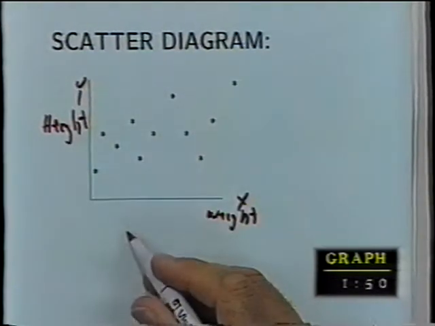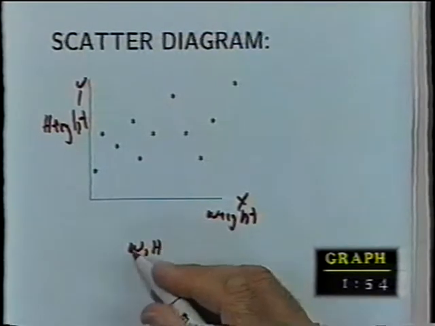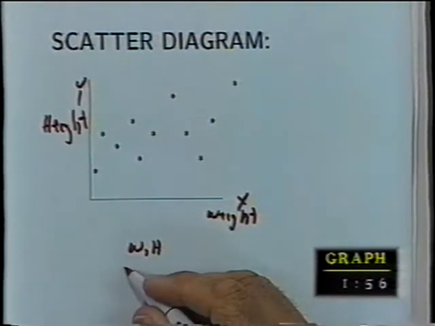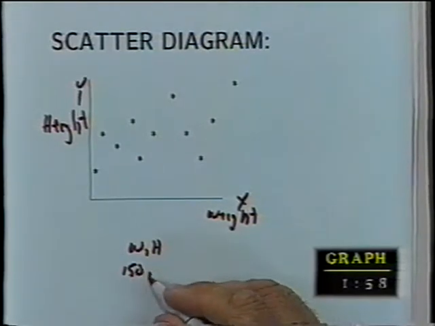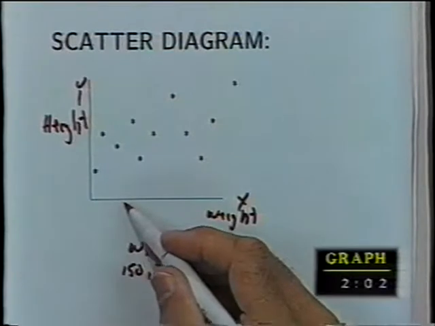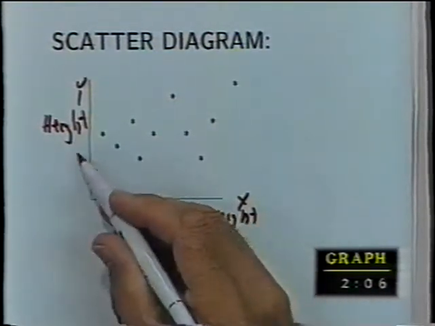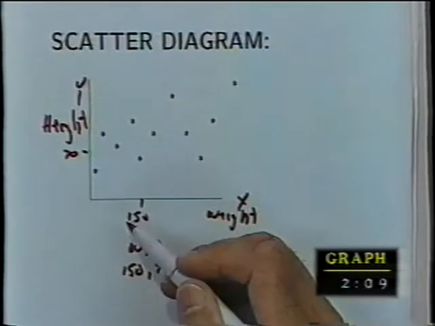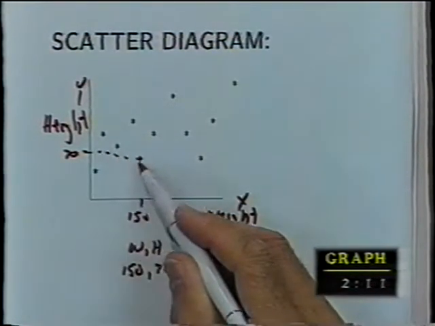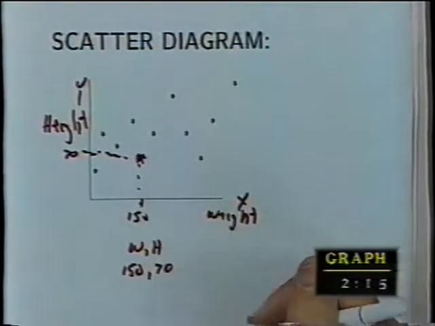What happens is you take someone and you measure their weight, and you measure their height, and you get a number like 150 and 70 inches. You would find 150 on the bottom scale, and you'd find 70 inches on the side scale, and you would cross them and you'd put an asterisk where those two things crossed.